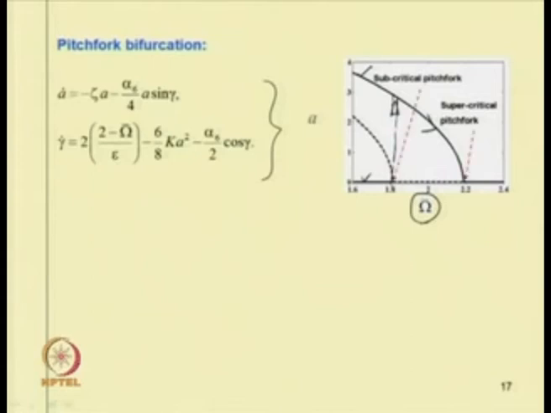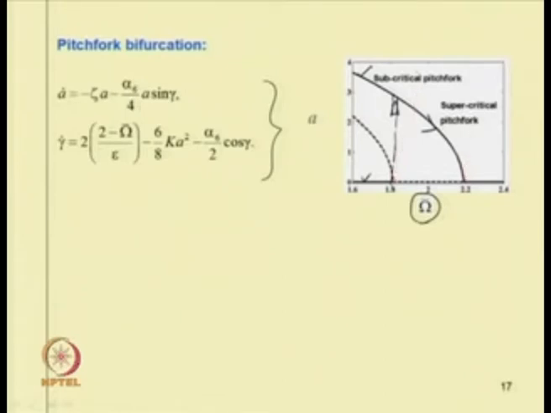Now, by sweeping down the frequency from 2.4, we have the trivial state, at 2.2 it becomes non-trivial, and the response continues to grow, and it will follow this non-trivial response.